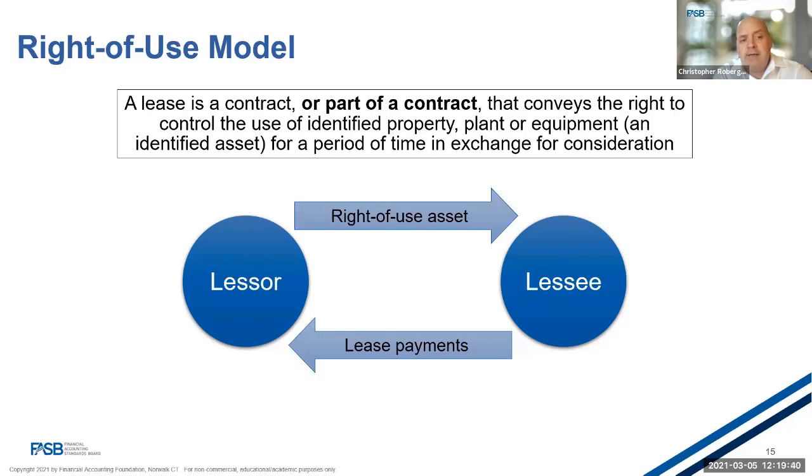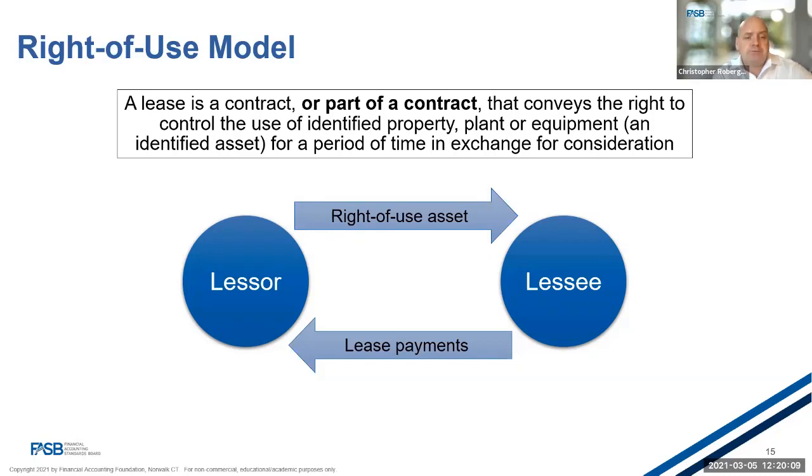And then an identified asset, they could be explicitly called out for in the contract, or it could be implicit. And we will also talk about, for a period of time, lease terms and the judgments that go into that to determine the lease liability.